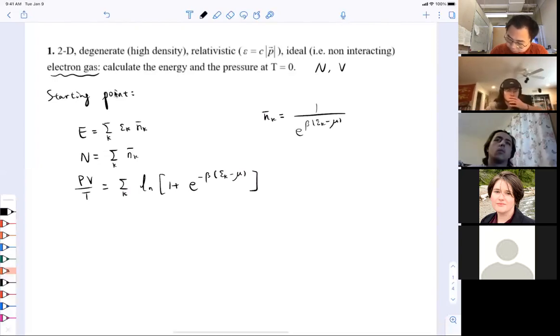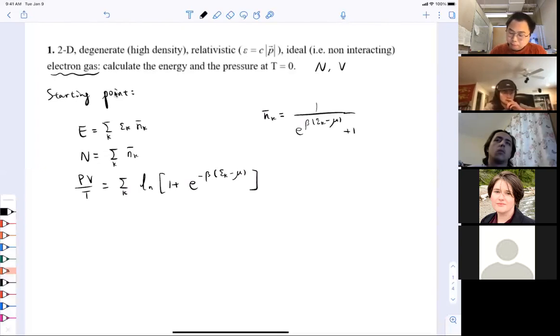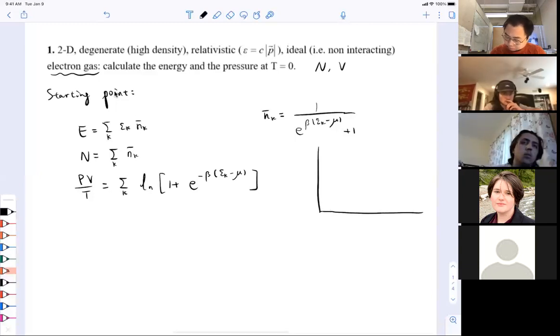This problem is even simpler compared with what you did in the class because it's zero temperature. Zero temperature means the distribution becomes a step function, right? And this is your chemical potential.